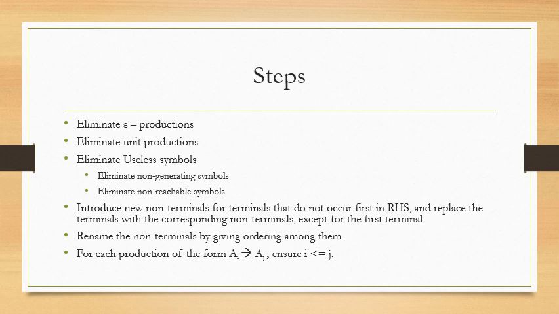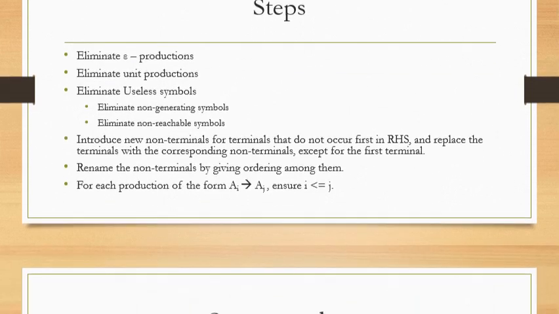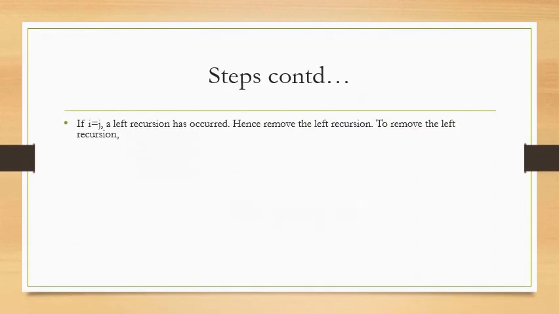If it is not, then you have to do some substitution. When you are doing the substitution, you substitute only for the first non-terminal that appears on the RHS of the production.